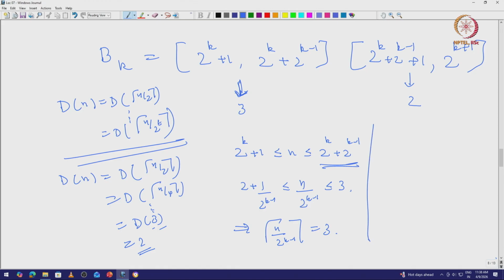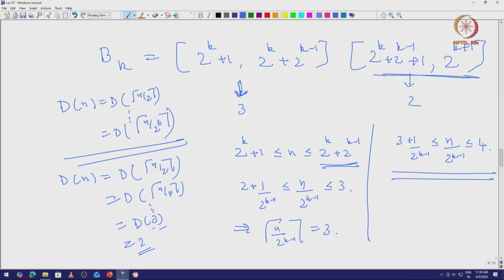The difference will be 2. For all these things, the difference will be 1, because after k minus 1 iteration, you are going to have 3 plus 1 by 2 power k minus 1 less than or equal to n by 2 power k minus 1 less than or equal to 4.